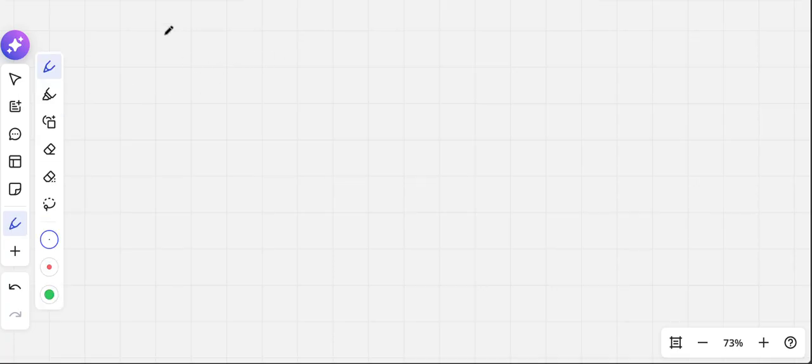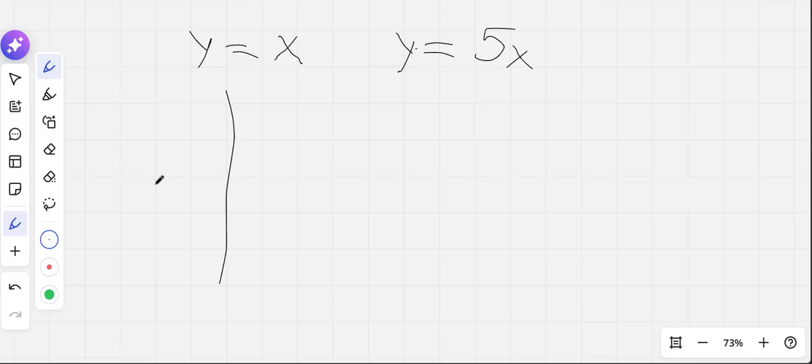So let's compare two linear functions, right? So let's say we have y is equal to x and y is equal to 5x, right? So I'll show you the graphing of the function y is equal to x. So y is equal to x is what we call the parent function, the function without any changes. So it will look something like this, and each value would be corresponding.